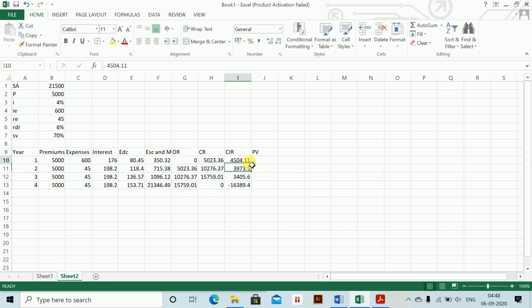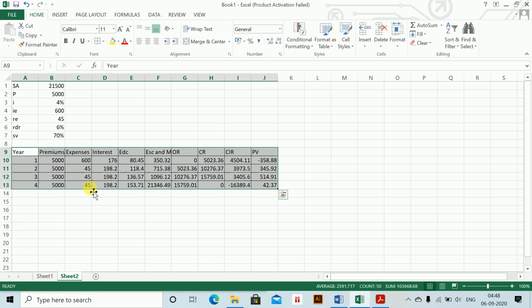So this is there, and then profit vector is equal to premium minus expense plus interest minus death cost plus surrender minus CIR. So this is now equal to minus 358, 345, 514, and 42.37. Okay, and this is done already.